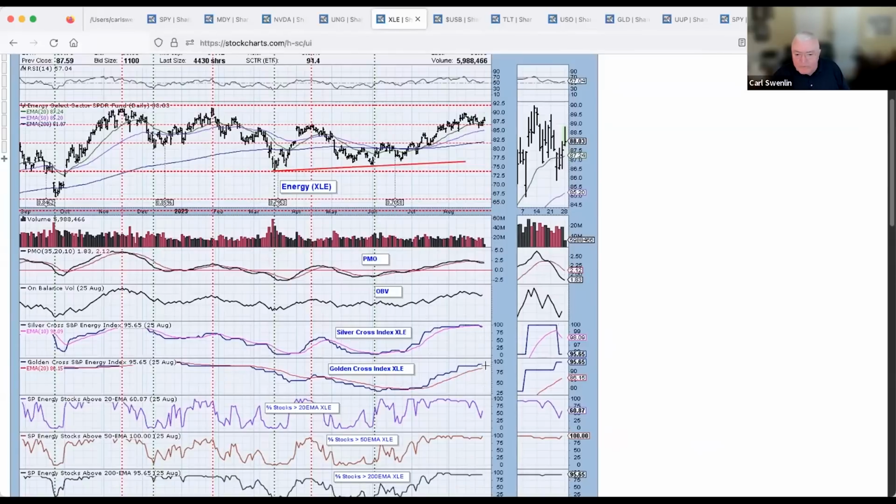The Golden Cross Index is still well above its 20-day moving average, and right now that's a long-term bullish bias. Now, no matter what the table says, bullish or bearish, you need to look at the chart and verify that the bias really relates to what the chart actually looks like.